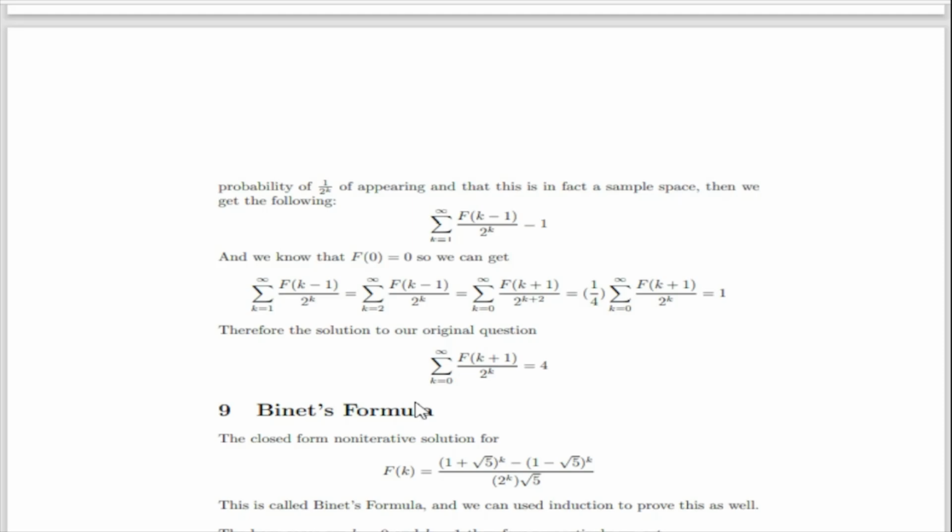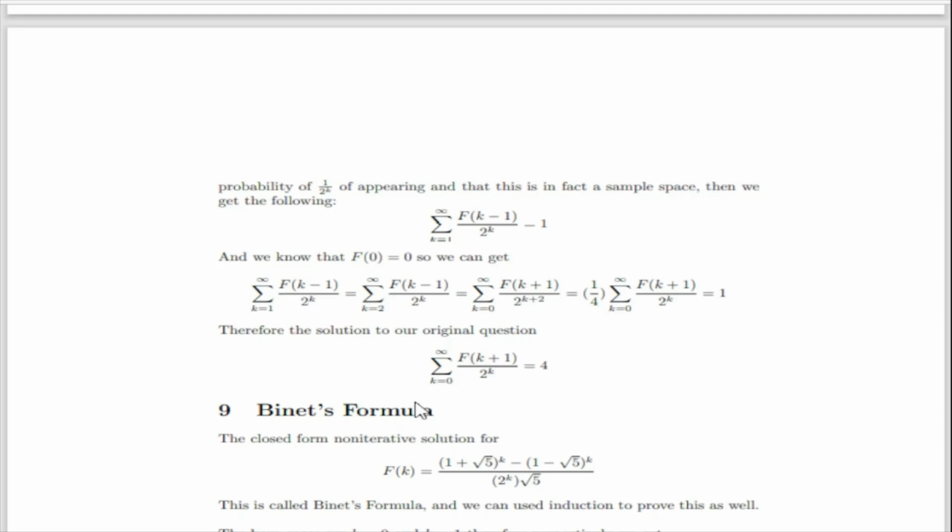it equals 1. We know that f of 0 equals 0, so we can actually do the following. We know that f of k minus 1 at k equals 1 is f of 0, which equals 0. So we can start at 2 instead of 1.